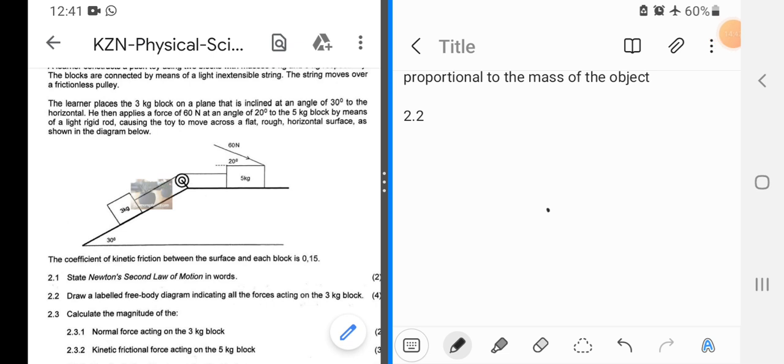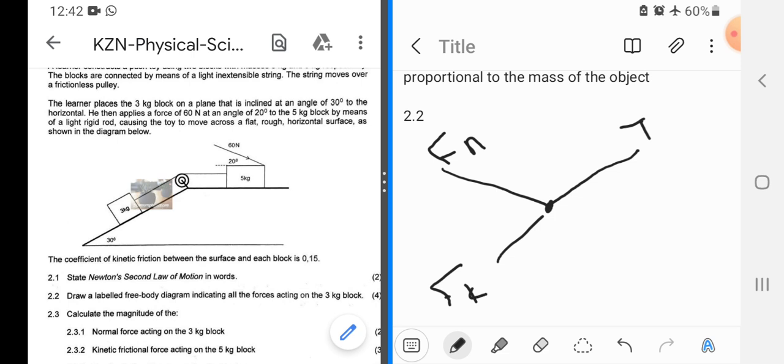We ask for a free body diagram, and in this free body diagram we have tension being pulled up. This is tension, and then we have normal force going this direction, and then we have kinetic friction because it's being pulled, it's moving, and then we have gravitational force.